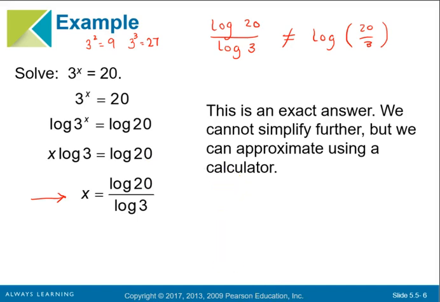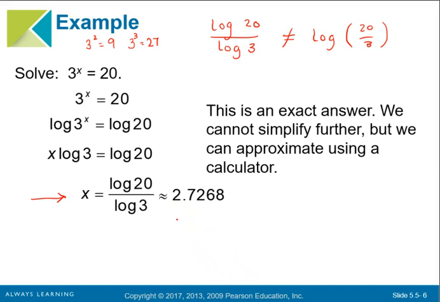It's not going to be nice and neat for us. So we're going to have this really odd 2.7268, right? That's going to kind of mess with our heads a little bit. It's approximate. It is not going to be exact. We call it close enough for the moment with 4 decimal places.